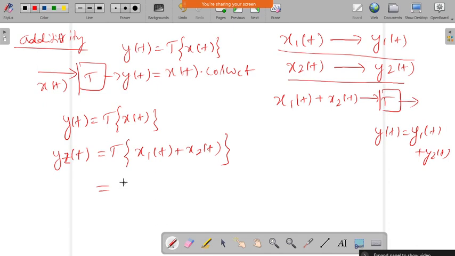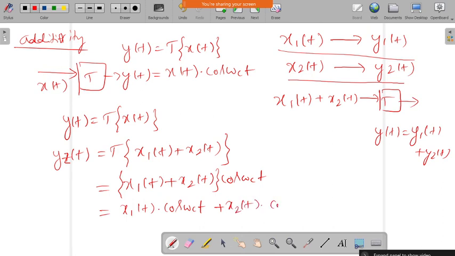That gives x1 of t into cos omega ct plus x2 of t into cos omega ct. The first term is y1 of t and the second is y2 of t.